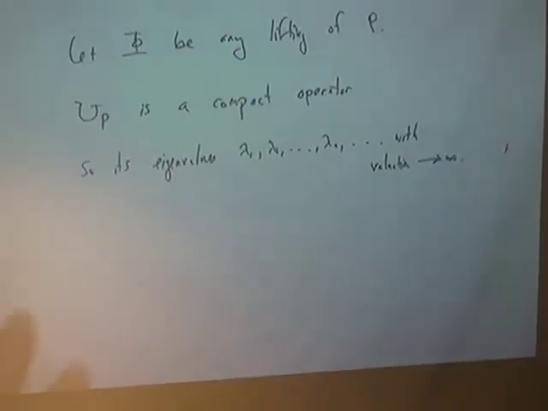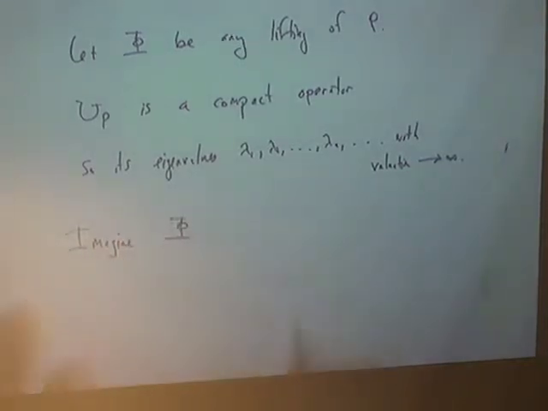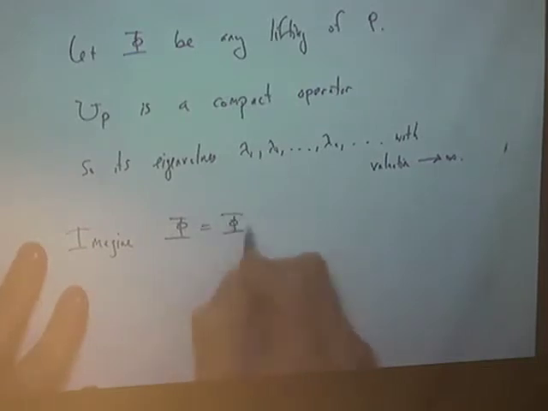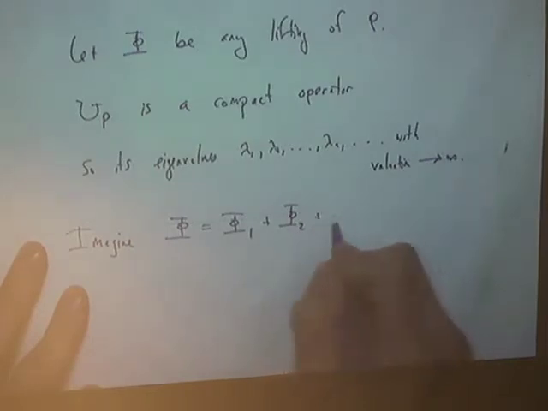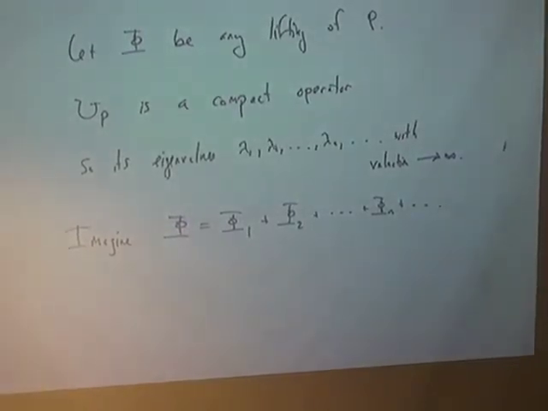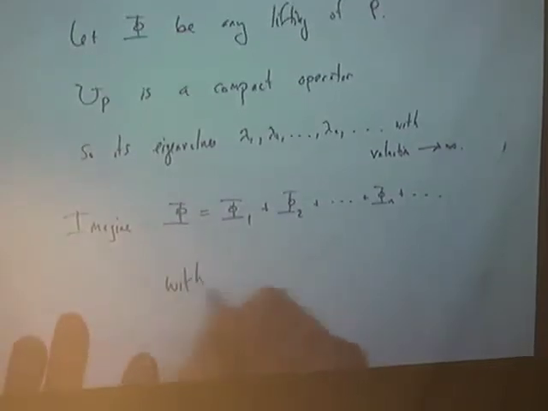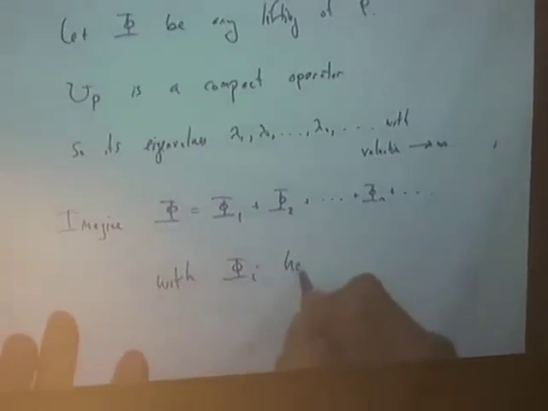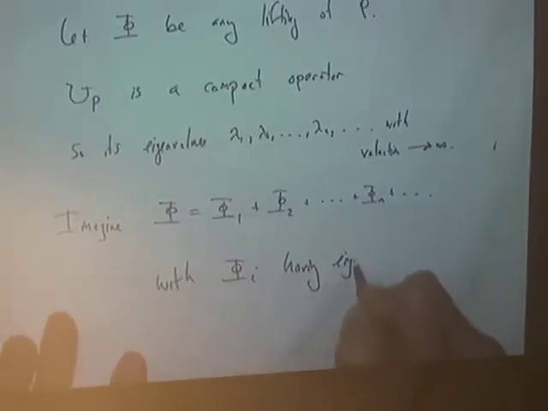I'll write the word imagine because that's all I can justify. So imagine you could write Phi as a sum of Phi_1, which has eigenvalue lambda_1, and Phi_2, which has eigenvalue lambda_2, onward, some infinite sum. And hopefully the norms of these things are going down, so this is a convergent sequence. We're just saying imagine, with Phi_i having eigenvalue lambda_i.